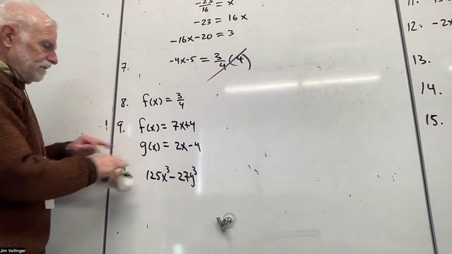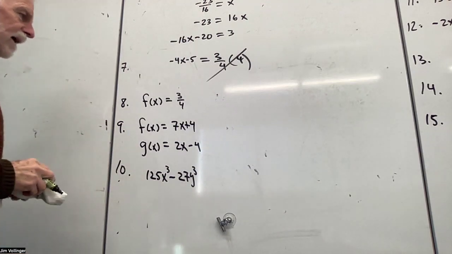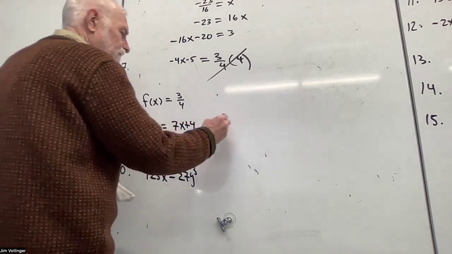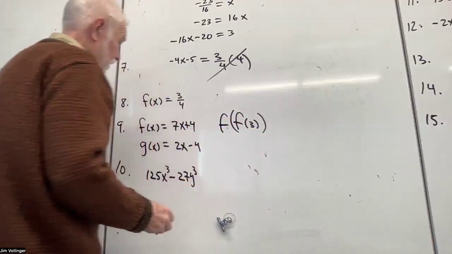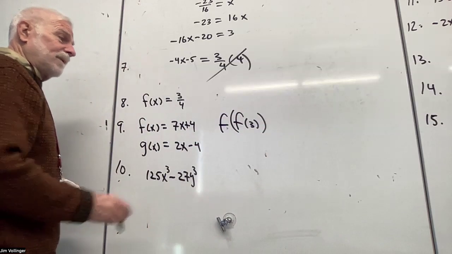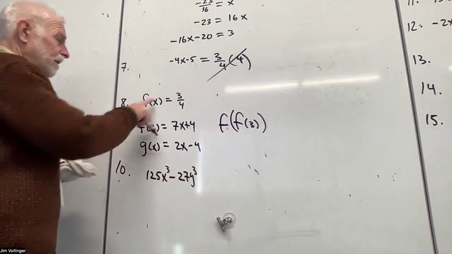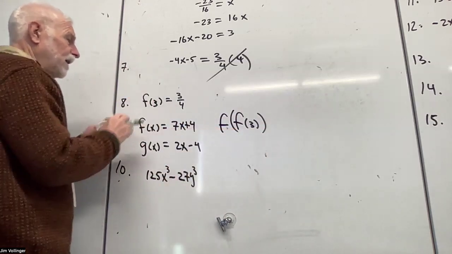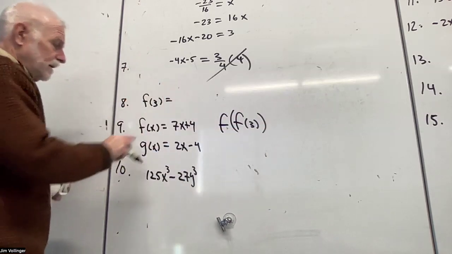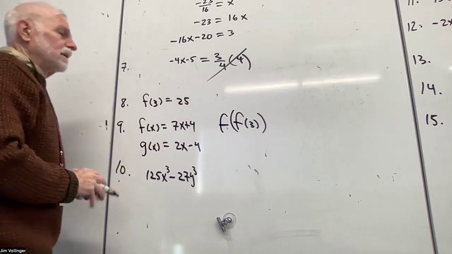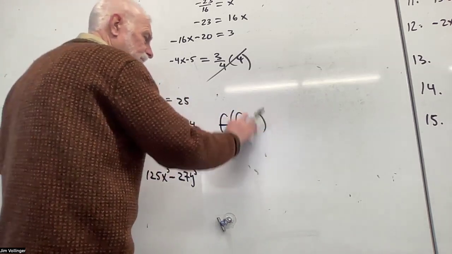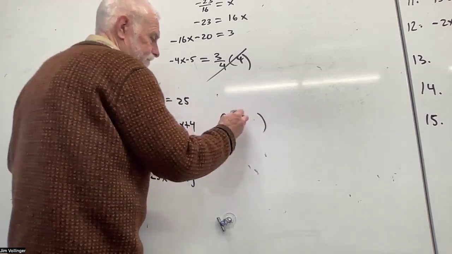F of x, g of x. And I think I asked f of 3. And that threw some people. I hope it doesn't ever throw you again, because I think f of 3 means I'm plugging in 3 for x, and I don't get 3/4. F of 3 is 21 plus 4, 25. So another name for f of 3 is the number 25.